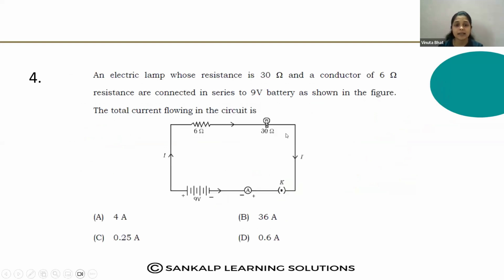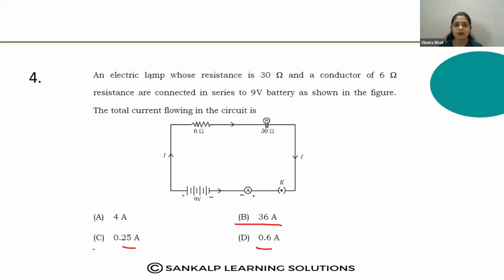Next question. An electric lamp whose resistance is 30 ohm and a conductor of 6 ohm resistance are connected in series to a 9 volt battery, as shown in the figure. The total current flowing in the circuit is option A 4 ampere, option B 36 ampere, option C 0.25 ampere, and option D 0.6 ampere.